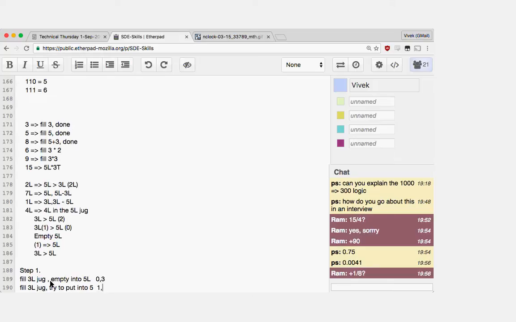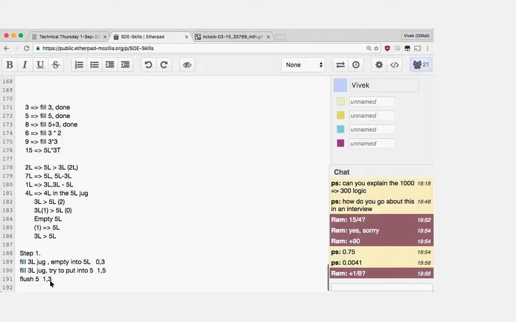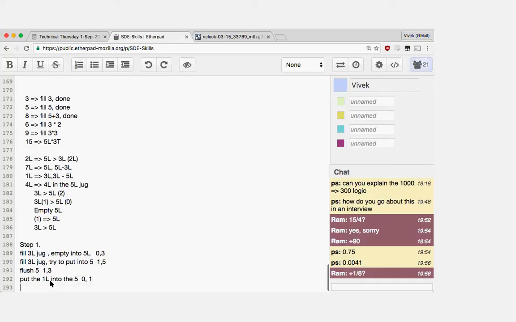Empty the 5 liter jug now and pour that remaining 1 liter from the 3 liter jug into the 5. So now the 3 liter jug is empty and the 5 liter jug has 1 liter. And now fill up the 3 liter again and pour it into the 5 liter jug. That will empty the 3 liter jug and there will be 4 liters in the 5 liter jug.